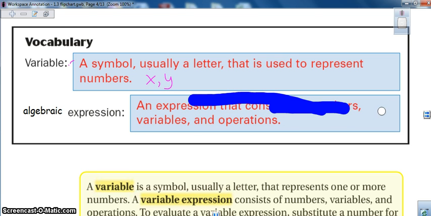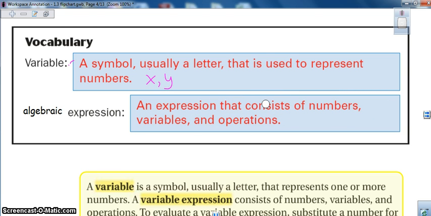Algebraic expression. This is an expression that has numbers, variables, and operations. An example might be that you only have x, just a variable. You could have only a number, 4. You could have an operation, x squared minus 3x plus 2.